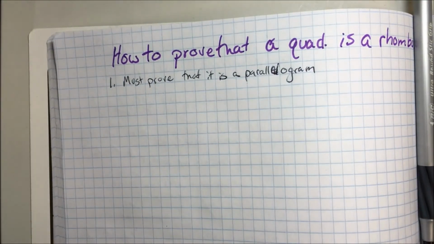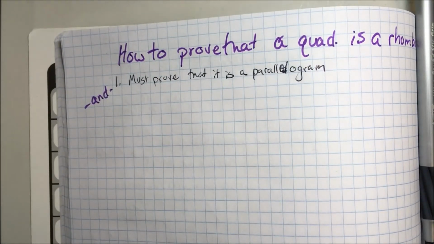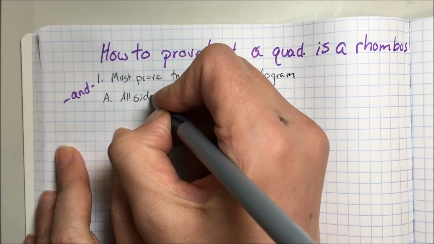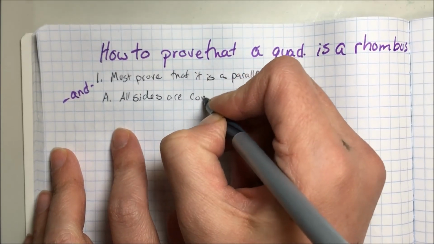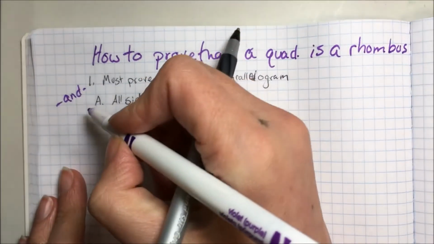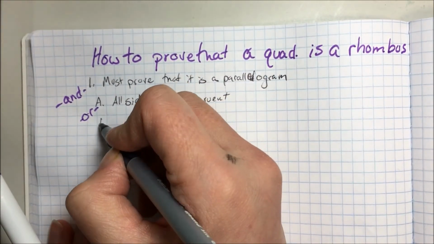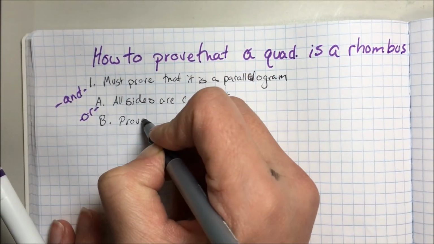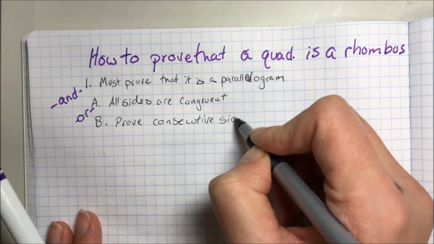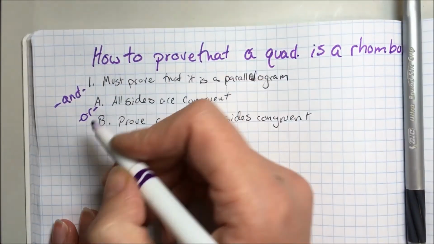That's first. And you have to do one of these 4 things after that. You can prove it by definition, that all sides are congruent. Or, kind of along the same idea, prove consecutive sides congruent. That would be enough because that would imply that all sides are congruent.